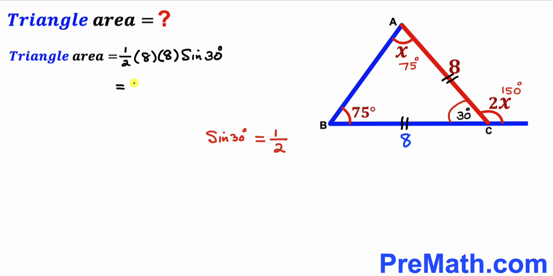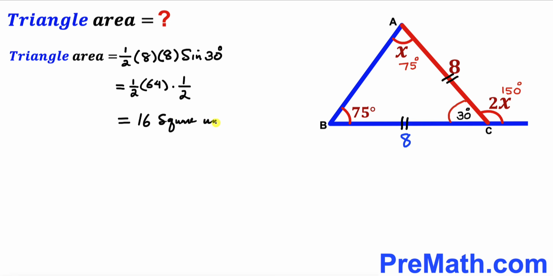So we got 1 divided by 2 times 8 times 8, which gives us 64, and then times sine of 30 degrees, which is 1 divided by 2. And now if we multiply and simplify these numbers, that is going to give us 16 square units, the area of this triangle ABC.